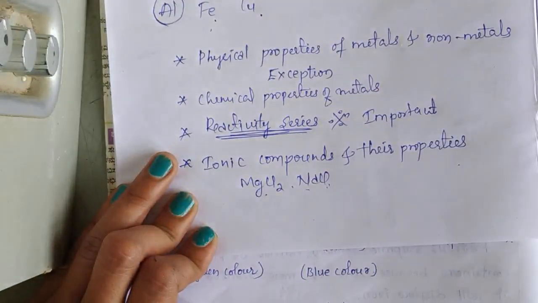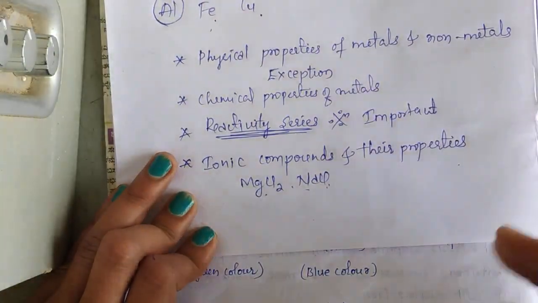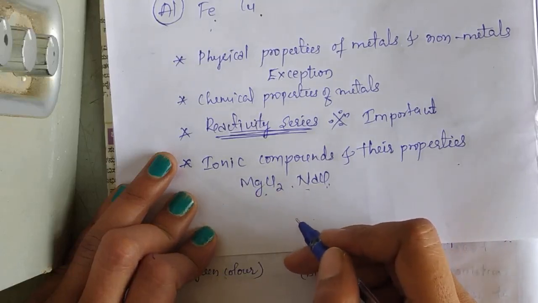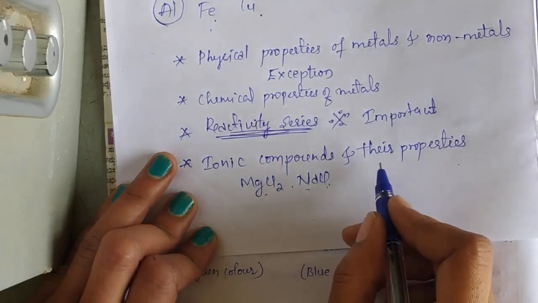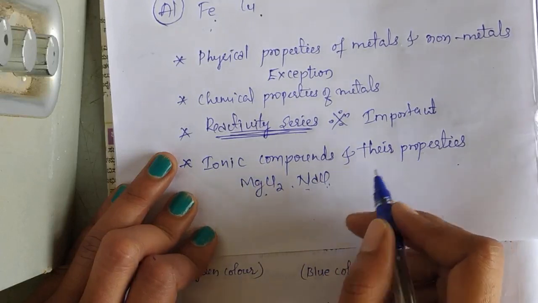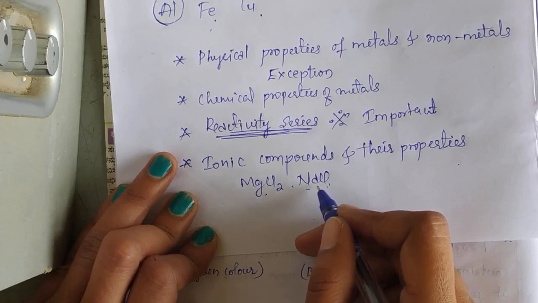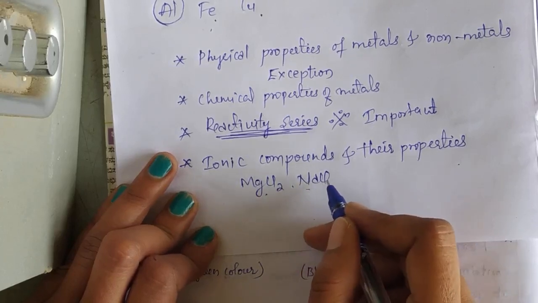Okay, explain. Like this they can ask, or sometimes they may also ask about their properties, like conductivity, or melting point, or their hardness. Okay, like this they can ask applied questions.